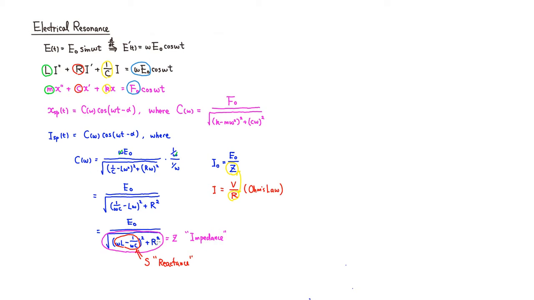The only thing we can do is this reactance. To make the amplitude as large as possible, the best you can do is make the reactance equal to 0, because since it is squared, you can never get a negative value. So 0 is the best thing, because the smallest possible denominator makes the biggest possible fraction.